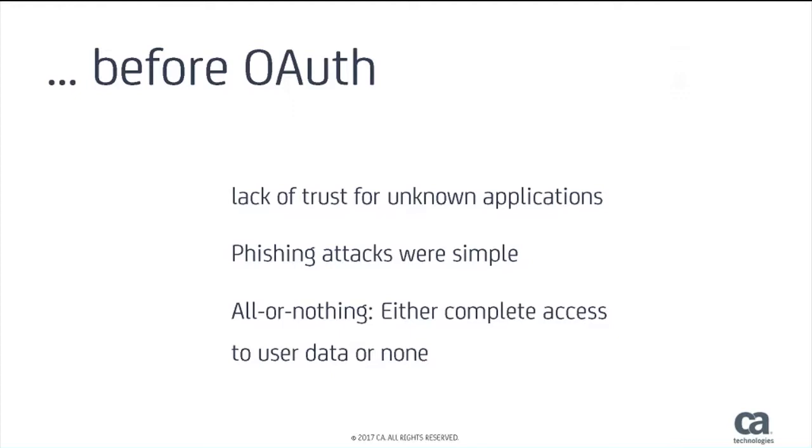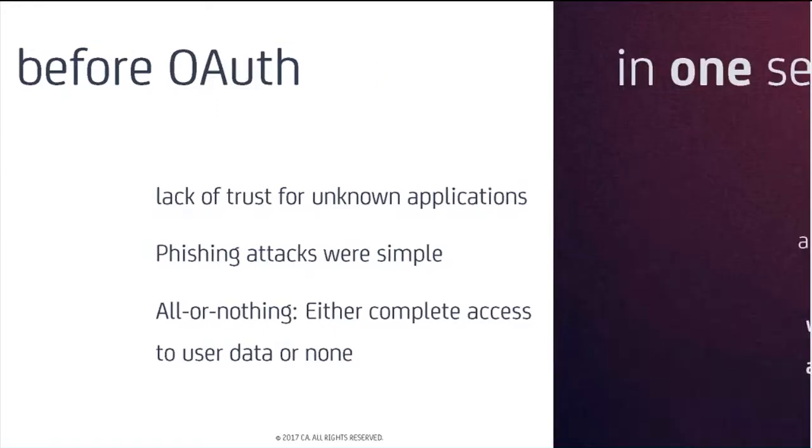There was obviously a lack of trust for those unknown applications where you just had to put in your credentials. Any company, any startup can say, I will handle your credentials securely, but you shouldn't trust them. Phishing attacks were very simple, and this was all or nothing. You could either have complete access to all your data or nothing. That was more or less how it looked before the OAuth standard came into play.